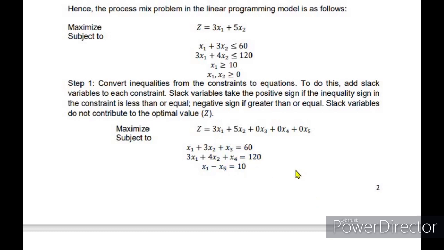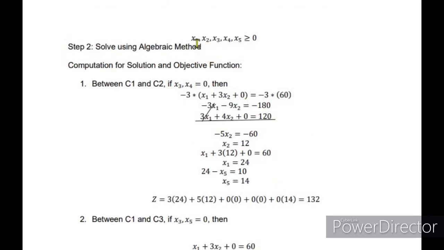Here there will be a negative slack variable because of the sign greater than or equal. We also have a non-negativity constraint: the slack variables must be greater than or equal to 0 also.